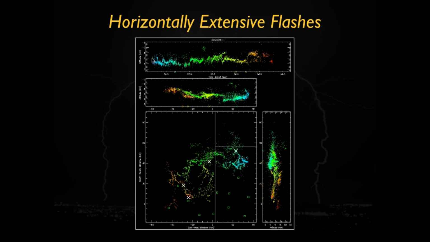you have negative leader. This is altitude versus time, and we'll look at this panel first. And it's also rainbow colored according to time, with blue transitioning to red with time.